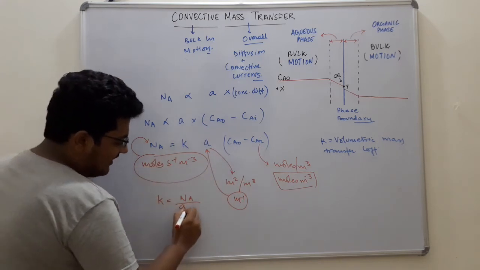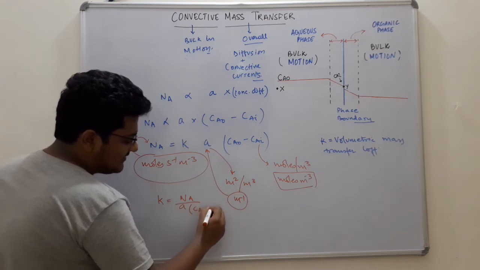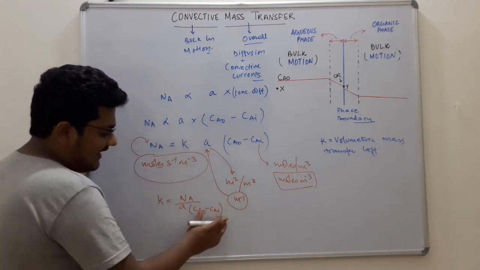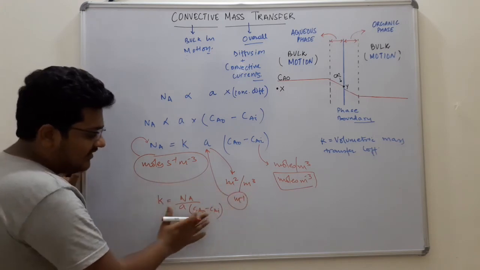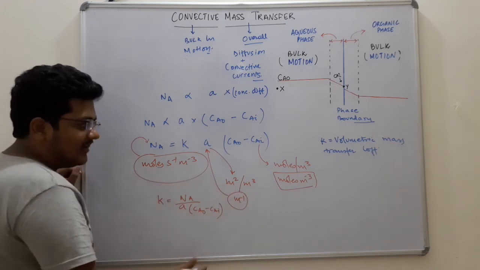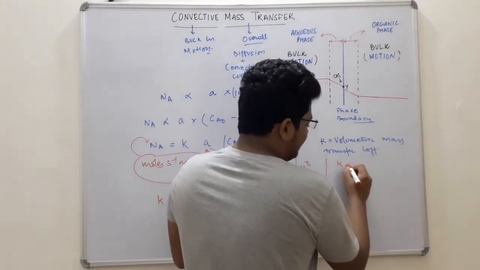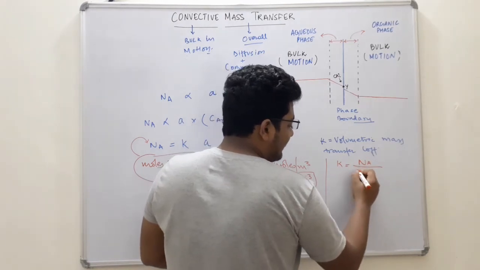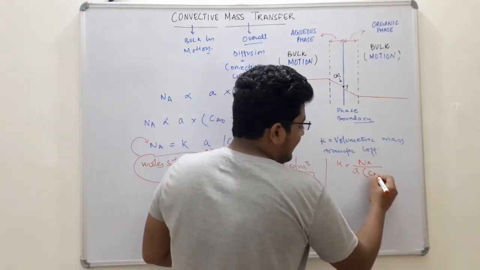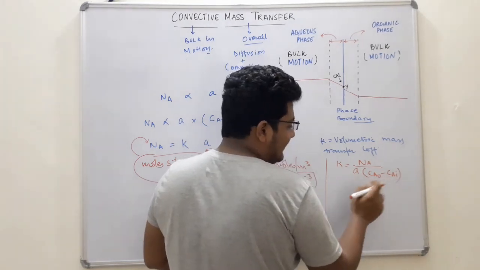So A multiplied by the concentration difference, that is Ca0 minus Cai, the concentration at the interface. Now let us put all the units we have seen into this formula.